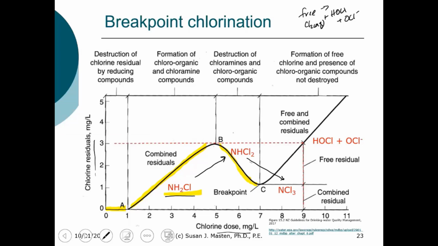And now we start forming free chlorine residual in the form of hypochlorous acid and hypochlorite. So if you think about this as happening sequentially as we continue to increase the chlorine dose.